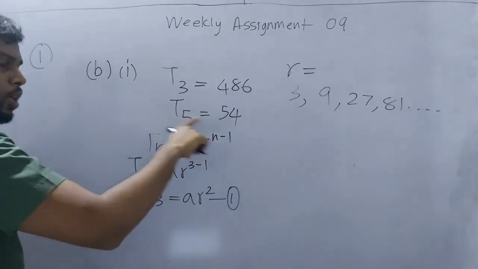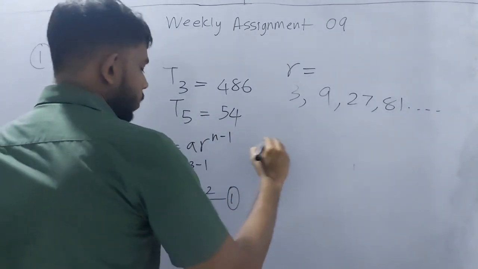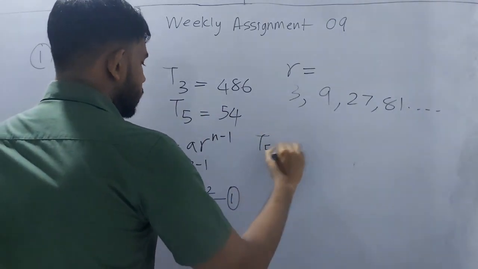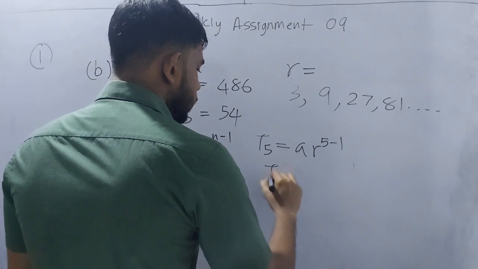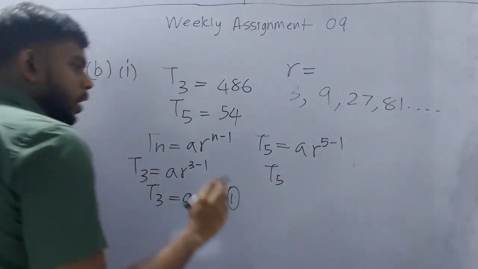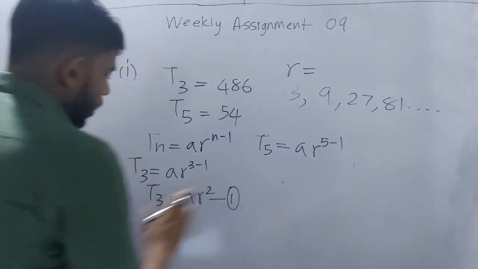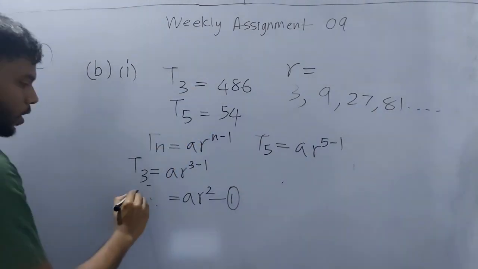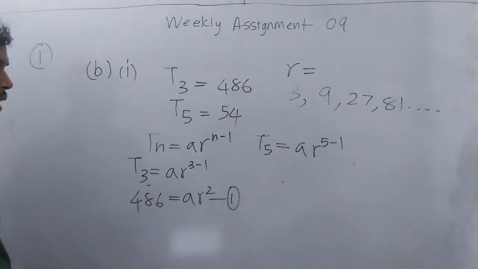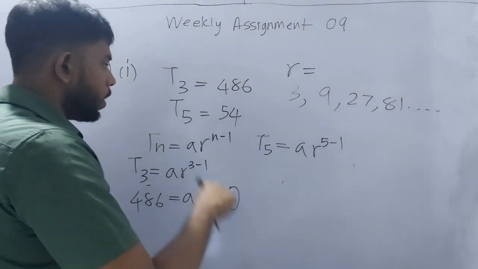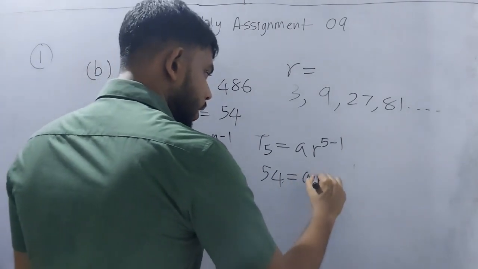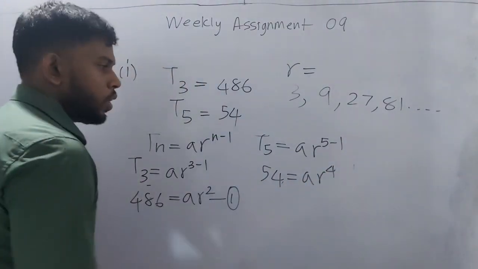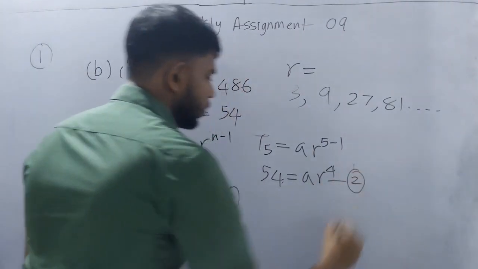If you write the same thing for the fifth term, T5 equals a times r to the power 5 minus 1. Instead of T3, you can write 486 because T3 is directly given. Instead of T5, you can write 54. So 54 is equal to a times r to the power 4. So this is your second equation.